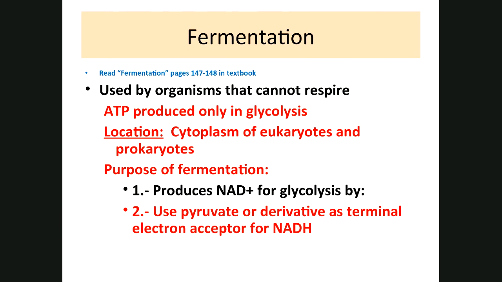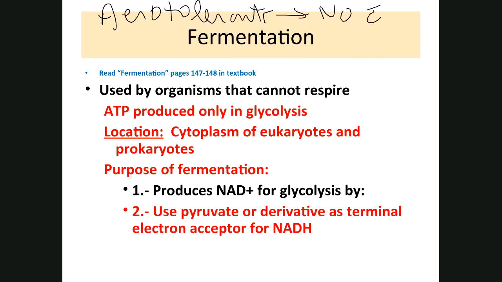Okay, for one thing, when you think of fermentation, think of an aerotolerant. Aerotolerants have no ETC. So they have no choice but to ferment. Think of a facultative anaerobe.